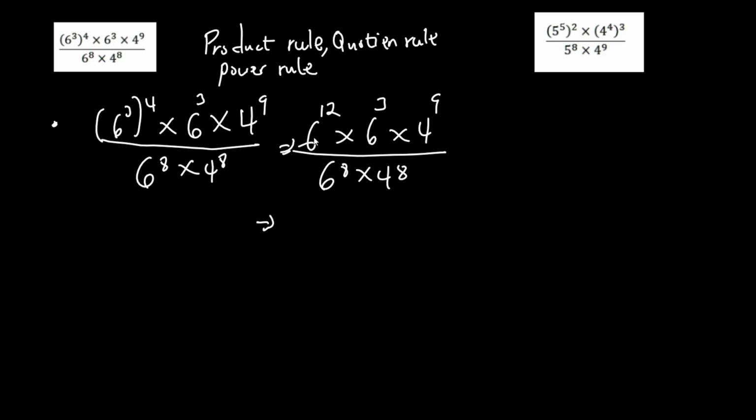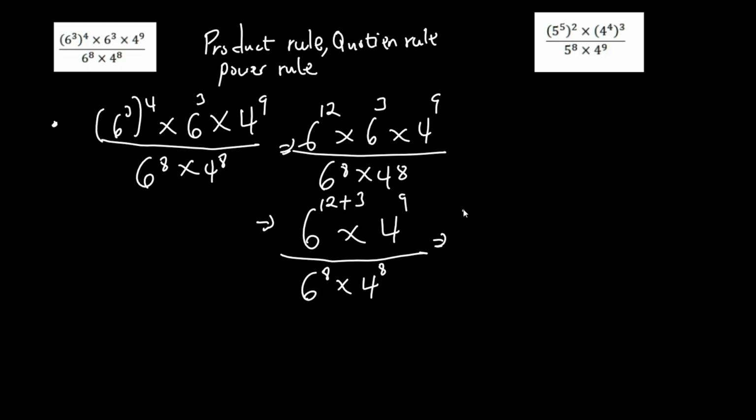Now we are going to use the product rule, which says that when you have the same bases, we can add the exponents. We have the same base, which is 6, so we can add the 12 and the 3. I'm going to write 6 to the power 12 plus 3, times 4 raised to the power 9, all over 6 raised to the power 8 times 4 raised to the power 8.